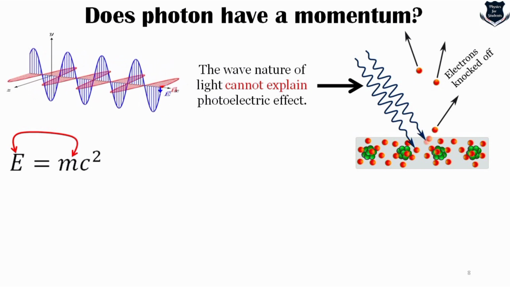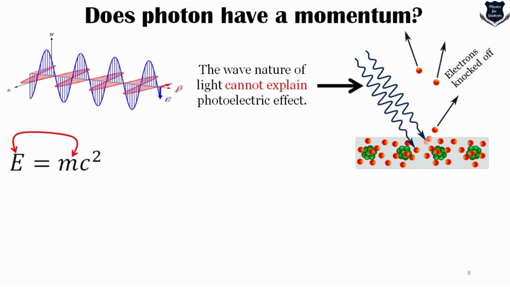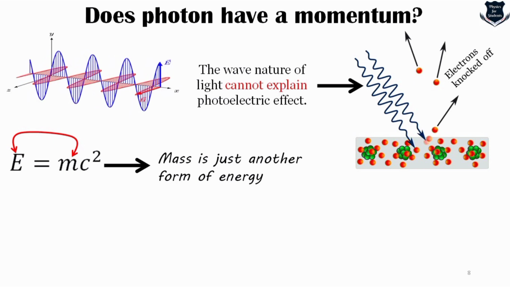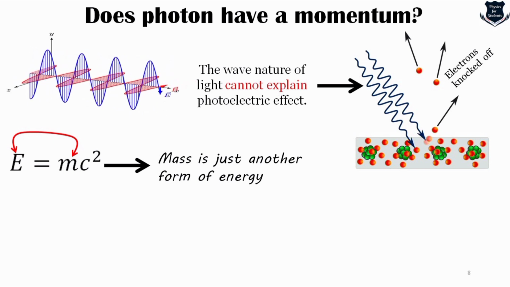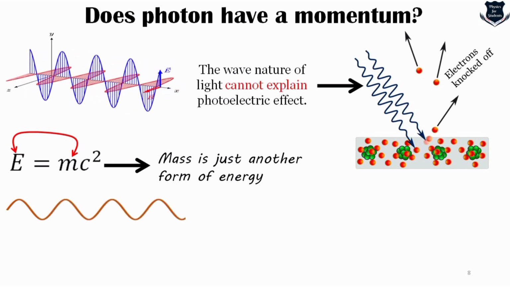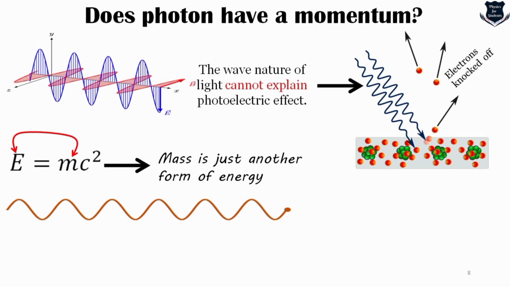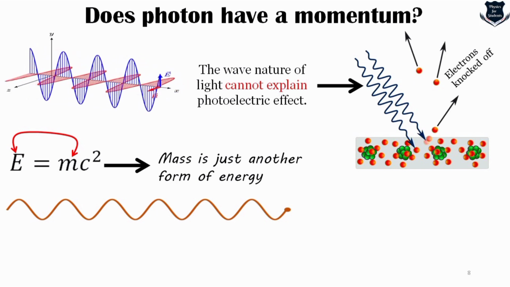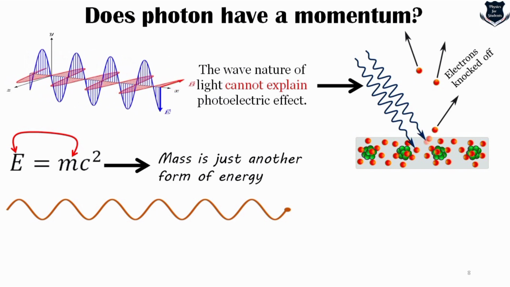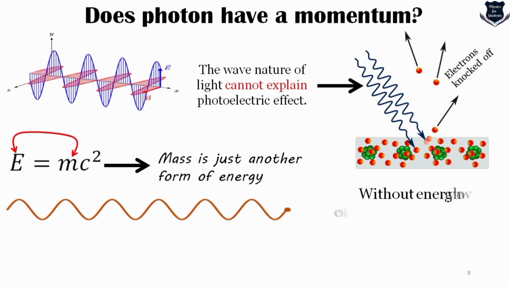Here you can see that these energy packets hit the electrons and transfer it into kinetic energy. So energy and mass are related to each other, and from there we come to the final point that mass is just another form of energy. So from Einstein's special relativity, we know that mass is just another form of energy, but in the case of a photon, since it is always moving at the speed of light, it cannot have any mass, which is a consequence of Einstein's relation.